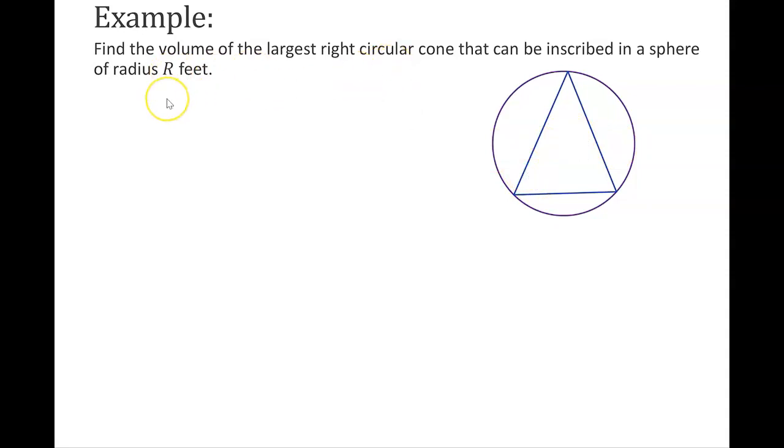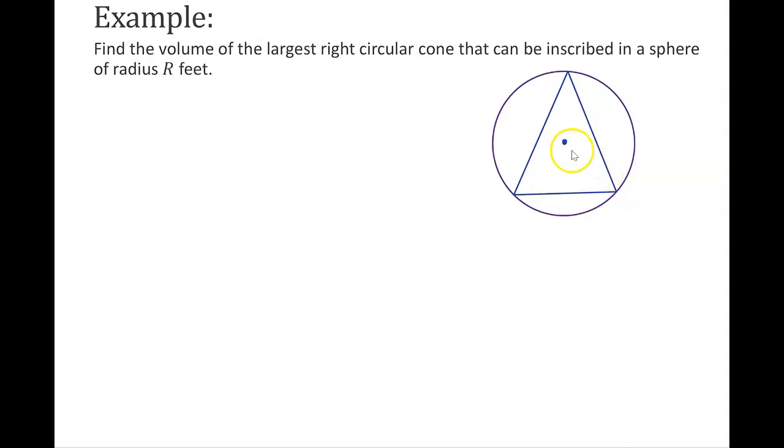Now what we're told is that the radius of the sphere is capital R feet. So capital R is considered to be a constant, but we don't know exactly what that constant is. The radius is the distance from the center of a circle to any point on the circle. So I'm going to put the center of the circle here.